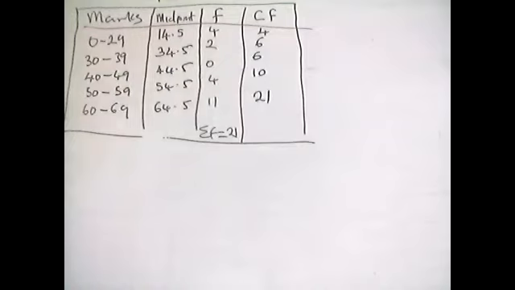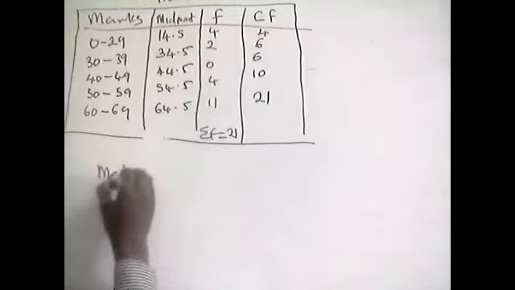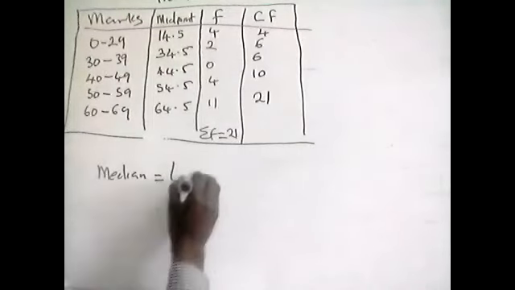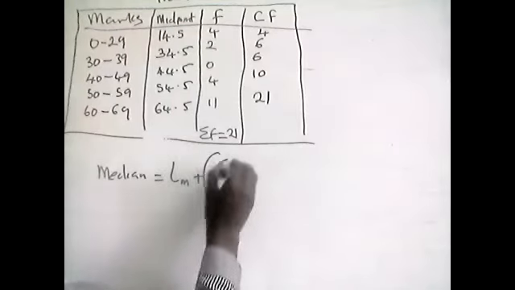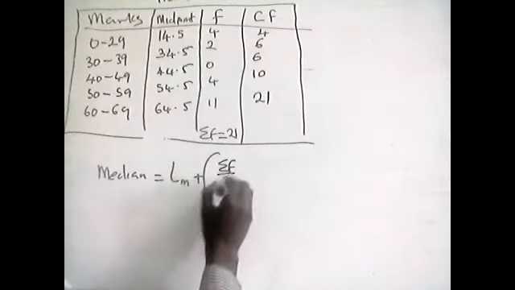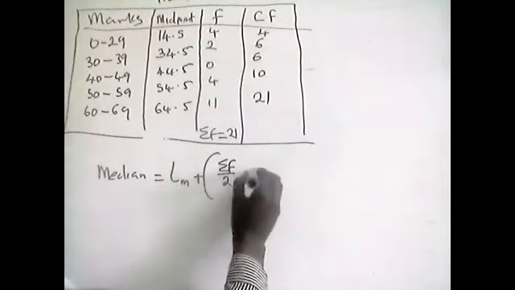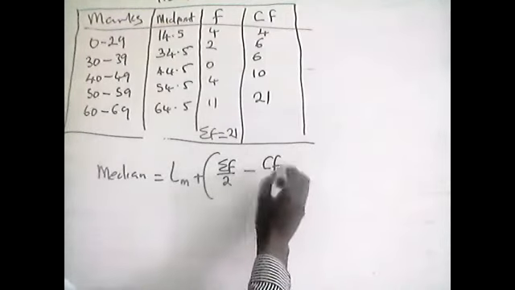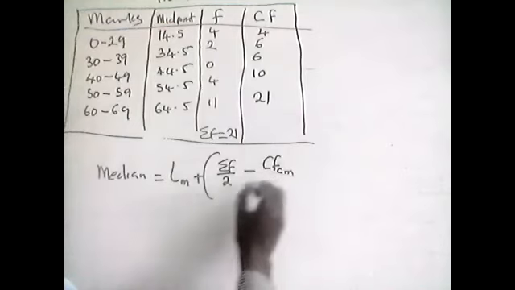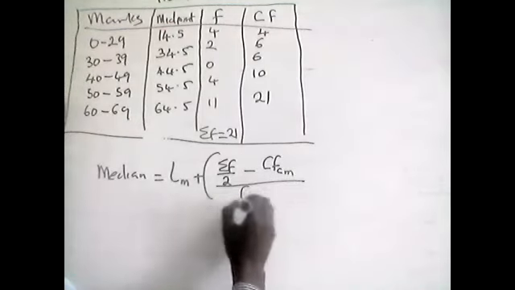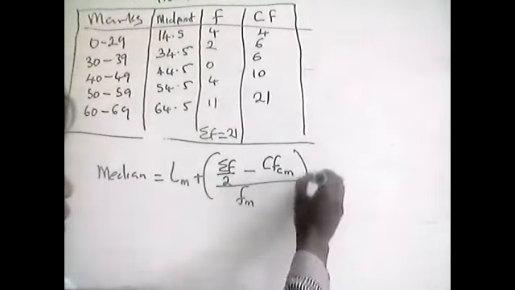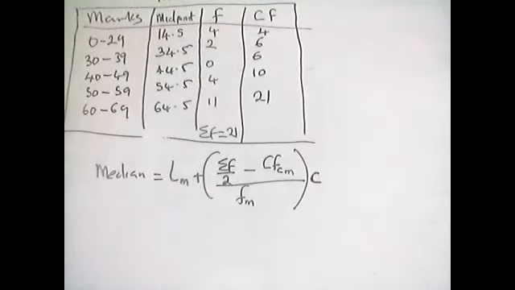The formula is median equals LM plus summation F over 2, minus cumulative frequency of the class before the median, then everything over frequency of the median, multiplied by the class size.